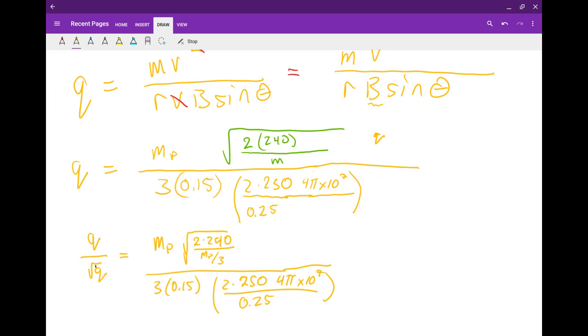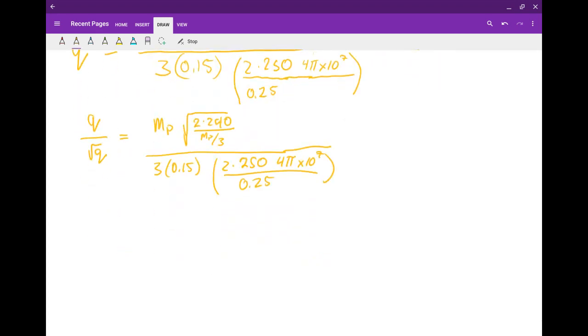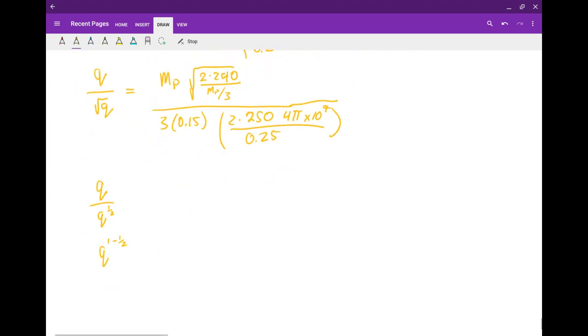Oh, before I do that though, you might be saying, well, what is this? This is Q over Q, right? Q over root of Q. So I haven't solved for Q. I've got Q over root of Q. We got to get these guys together, all right? In order to get these guys together, you realize that basically what you're looking at is Q and Q to the 1/2, which could be written as Q to the 1 minus 1/2, which is actually just the square root of Q, right?